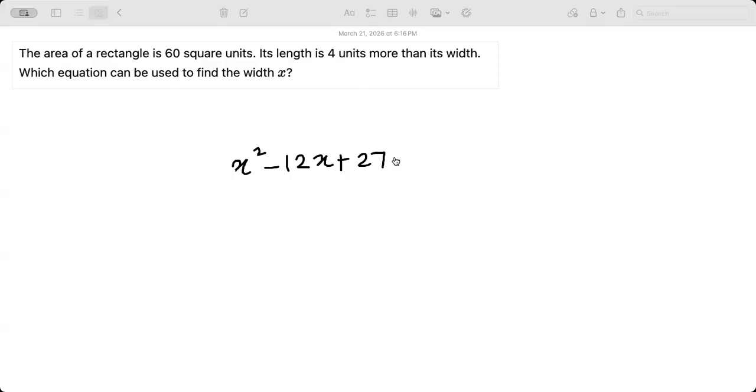X is equal to 3 and or 9. You got it nicely? Yeah. Nice.